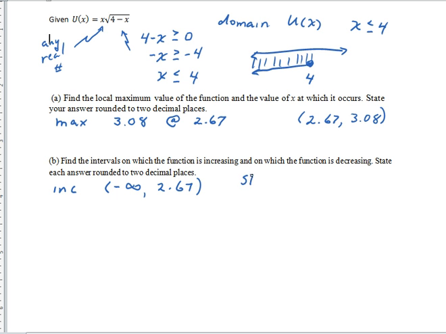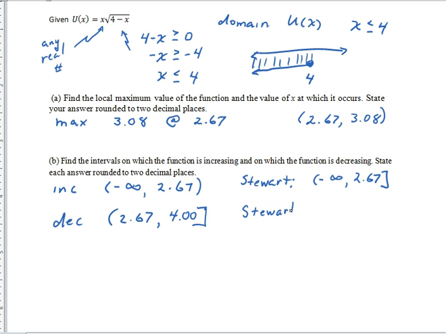Or with Stewart, negative infinity to 2.67, including the 2.67, and decreasing from 2.67 to 4.00, where the 4 is included. It is actually the end point of the domain.